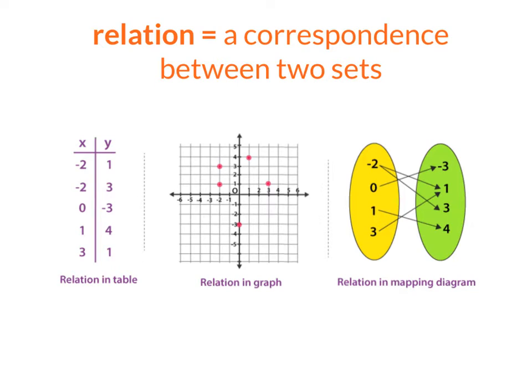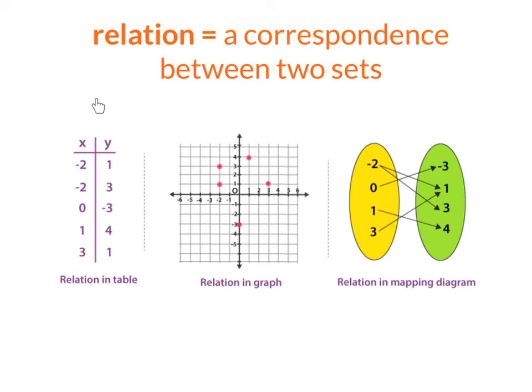And three very popular ways to represent a relation are these three. So the first is a table. I am absolutely sure you've seen a lot of these XY tables or input-output tables that usually are represented with numbers that correspond to an output or each other.